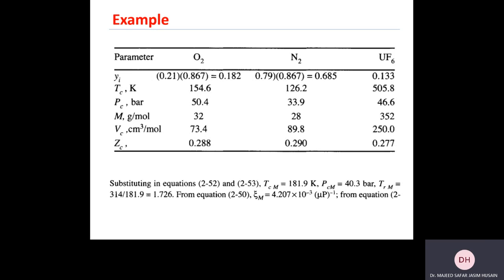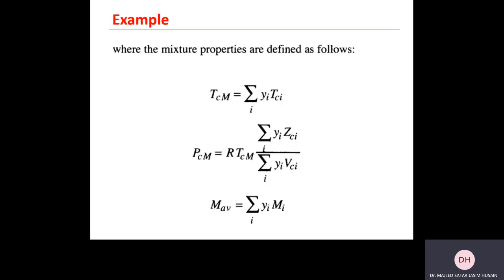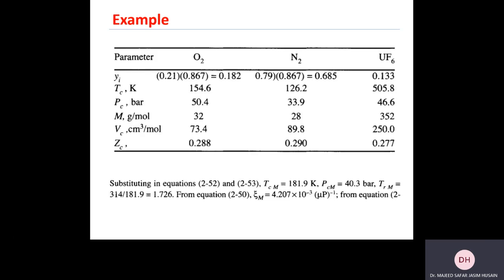You can do a similar thing and find the critical pressure of the mixture, applying this equation, which includes the compressibility factor and the VI. If you do that, it will be 40.3. And then you can also find the reduced temperature of the mixture.